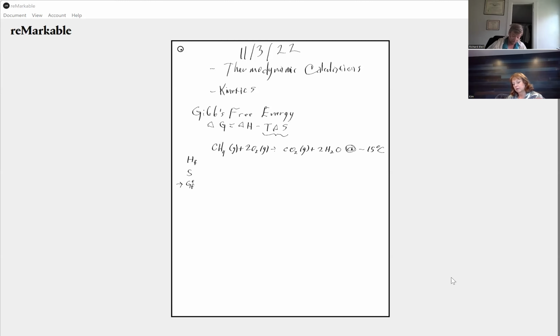So I look up in my table these species, and I find these numbers for methane. Sign is very important.